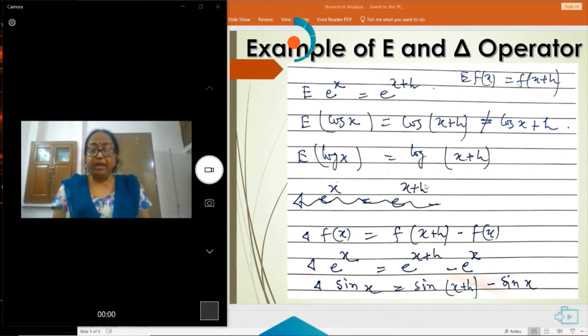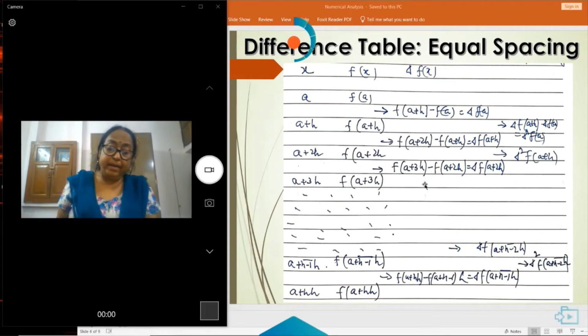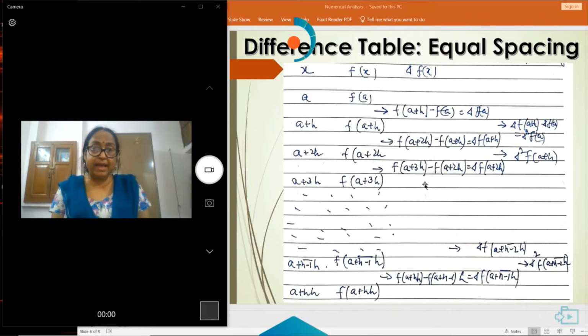Now, we will explain a difference table, how to write a difference table for equal spacing or equal interval. Suppose x has the values a, a plus h, a plus 2h, a plus 3h, and so on up to a plus nh. h is the interval. If the first value is a, then the second will be a plus h.